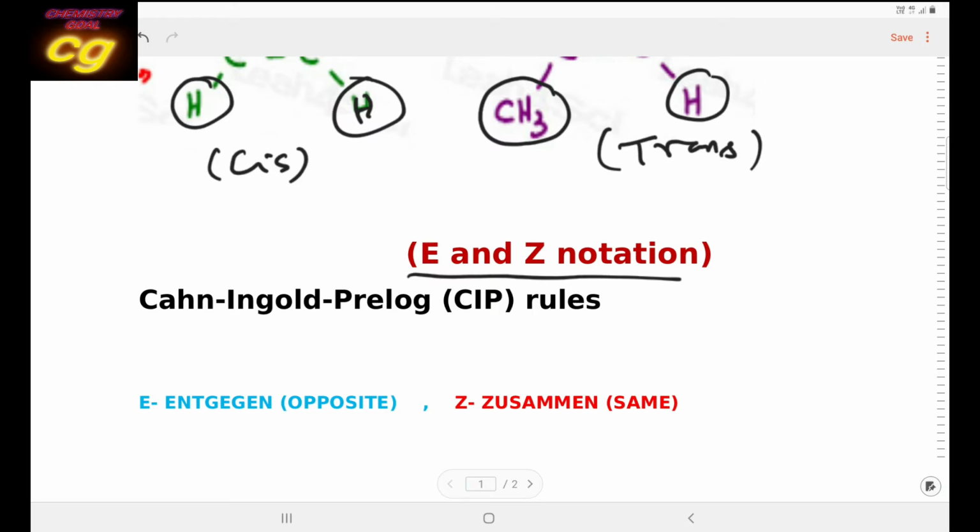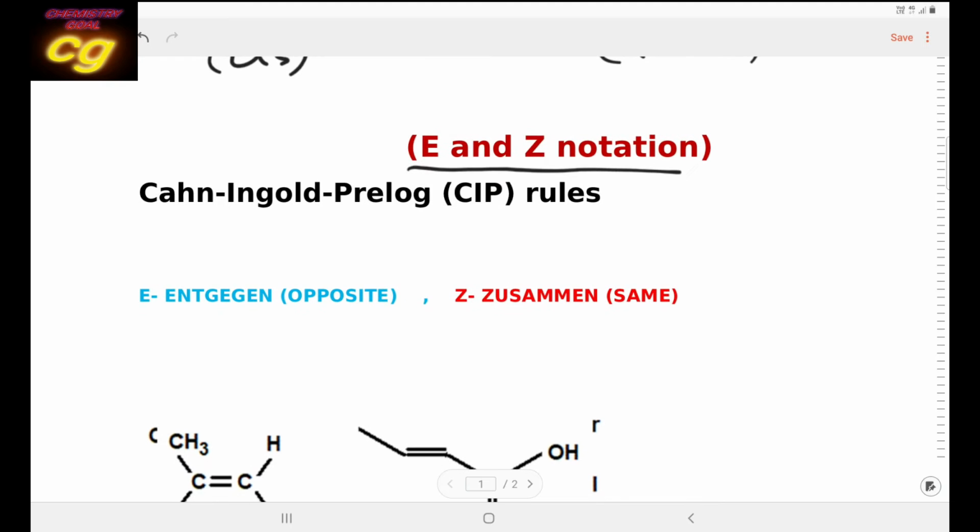But if all groups are different, then we cannot give isomers like cis and trans. For this case we have to use EZ notation. E stands for Entgegen, that is opposite, and Z stands for Zusammen, that is same. E means opposite, that is trans, and Z means same, that is cis.